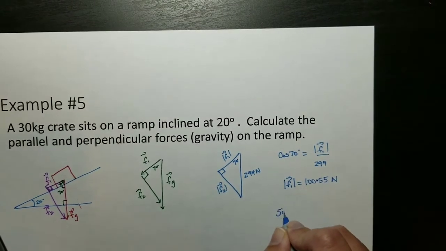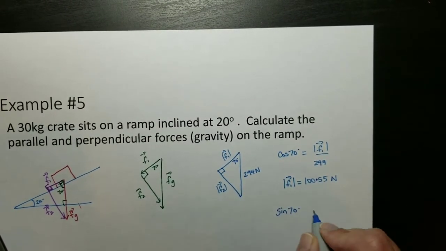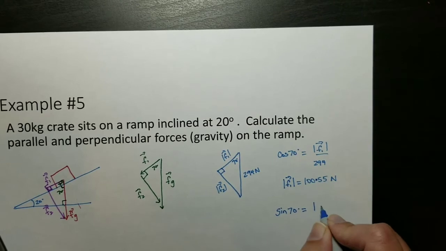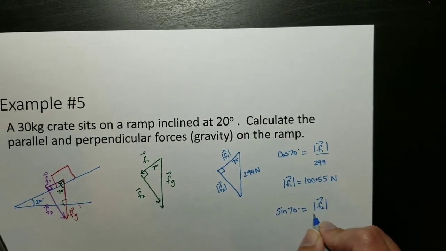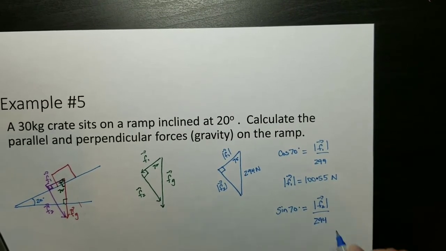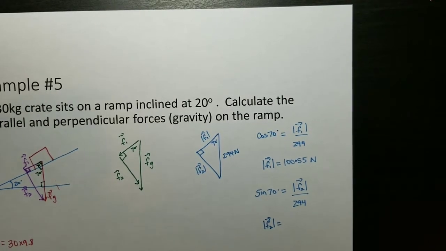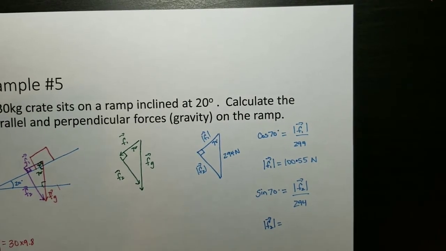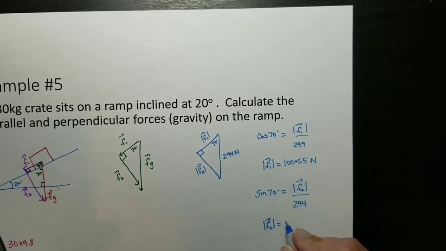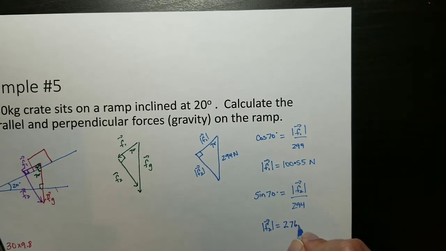And then sine of 70 is the magnitude of F2 over 294. So the magnitude of F2 ends up being 276.27.